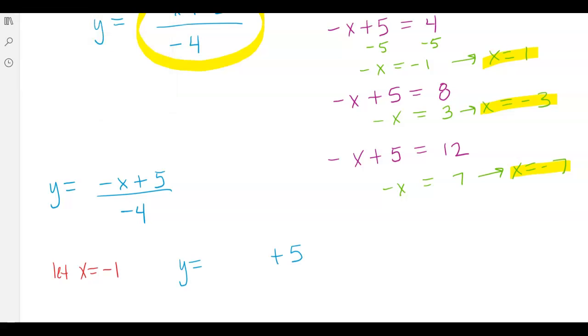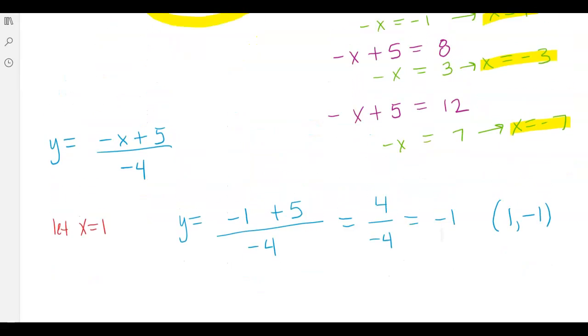So y is equal to -1 plus 5 over -4. So we get -1. So one of the points on our graph is 1, -1.